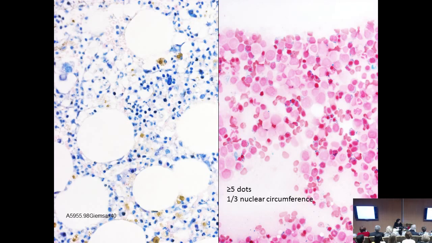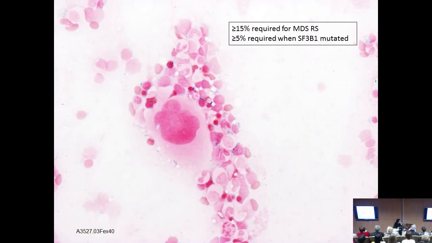You see, in most cases here, it is completely around the nucleus, and they have to be 50% for MDS with ring sideroblasts, but, and this is also altered in the new WHO classification, if you have a splice factor gene mutation of SF3B1, which is associated with the most cases of MDS with ring sideroblasts, then only 5% of ring sideroblasts are required.